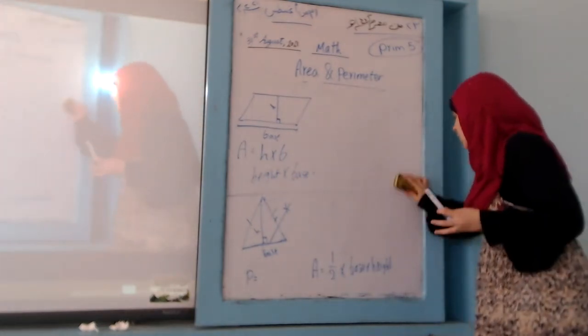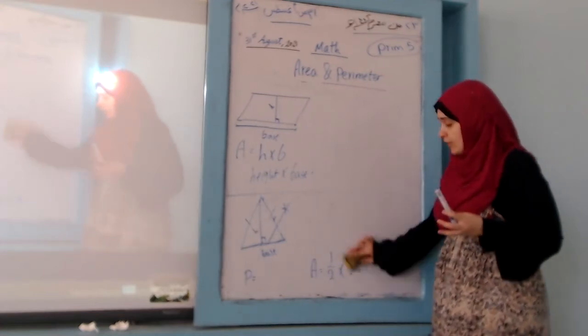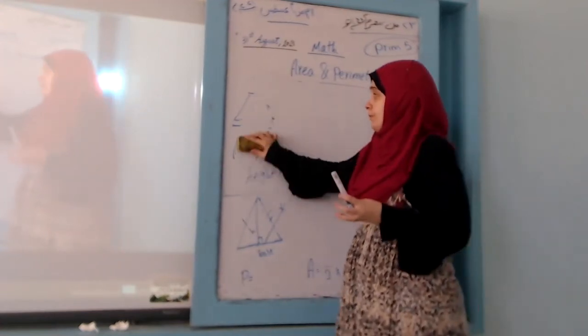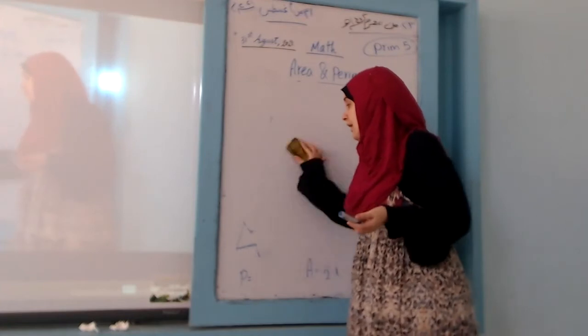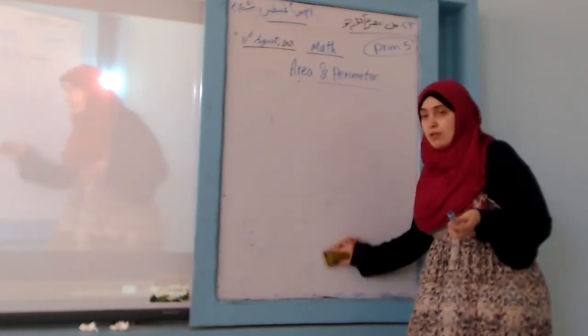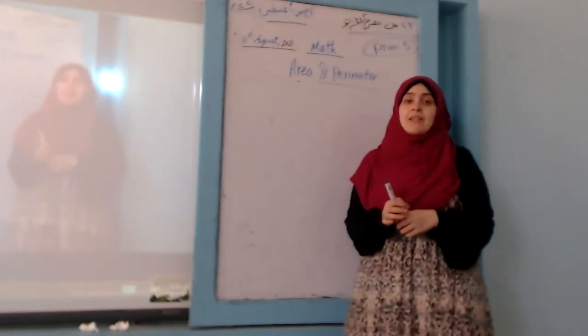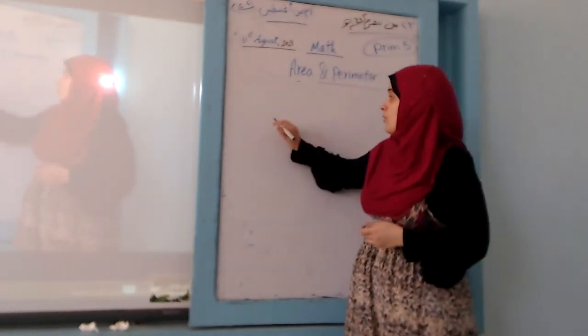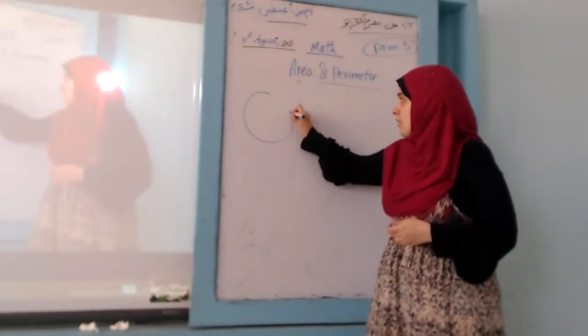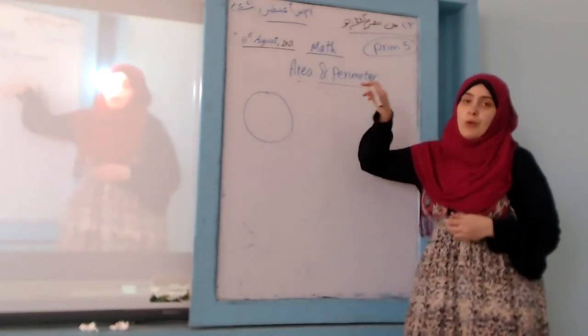The last shape we have learned is the circle. The difference between the circle and any other shapes is that the circle is not sharp. The circle is a curve. When I draw a circle, I want the compasses, and the circle is considered a closed curve.